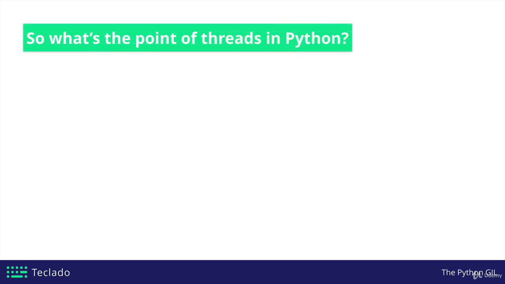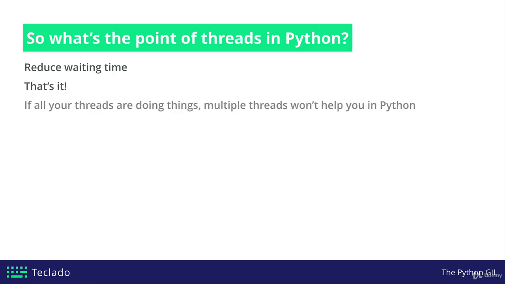So going back to what the point of threads in Python is: to reduce waiting time. If all your threads are using your CPU, your processor, multiple threads is not going to help you in Python. Because Python doesn't do very well at running things in parallel.